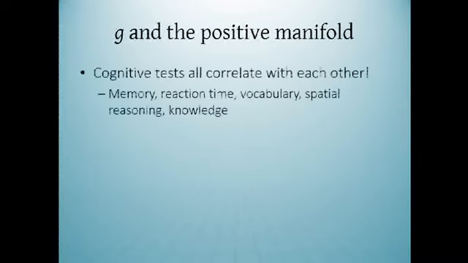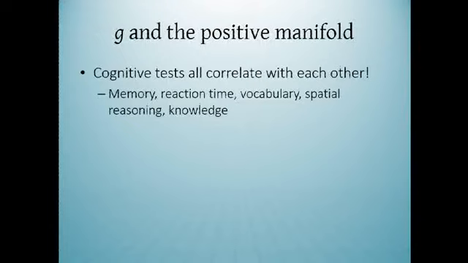Well, class, consistently, time and again, it's been literally over a century of research on cognitive testing. All these cognitive tests correlate with each other. It's remarkably consistent across culture and even across species, class. All these cognitive ability tests correlate.